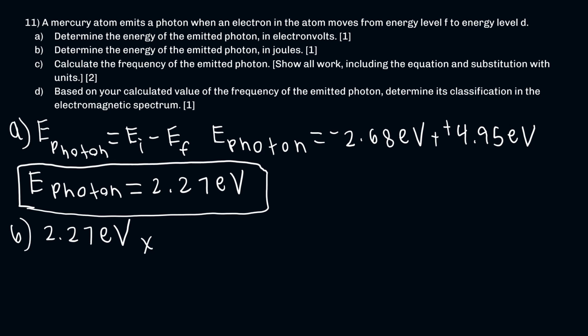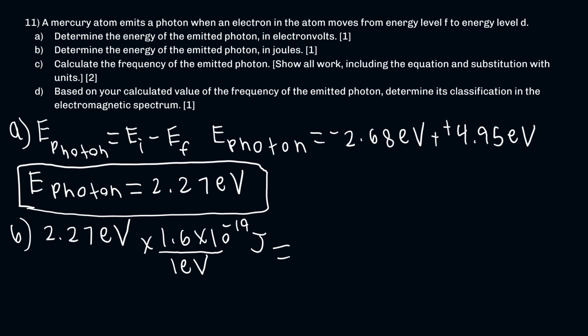So this conversion in the reference table tells me that 1 electron volt is 1.6 times 10 to the negative 19th joules. So I'll put my electron volts on the bottom because I want to cancel out that unit, and I will put 1.6 times 10 to the negative 19th joules on top. And this will now be my conversion.